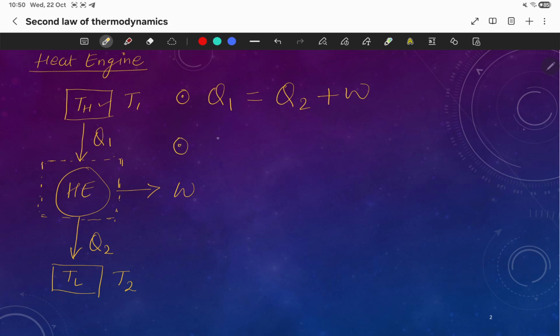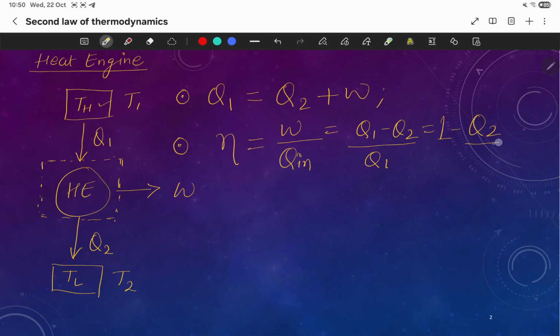This is the energy balance. And if I write the thermal efficiency of this heat engine, it will be W, the work done, upon Q in. If I take W from here, it will be Q1 minus Q2 upon Q1, so we get 1 minus Q2 by Q1.